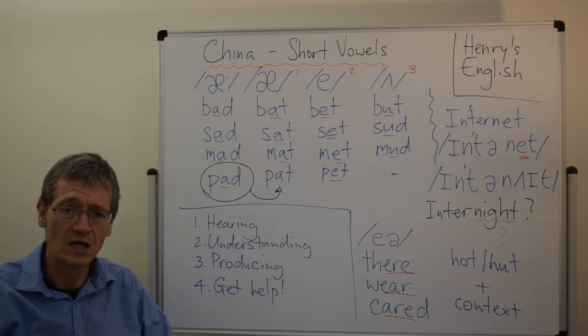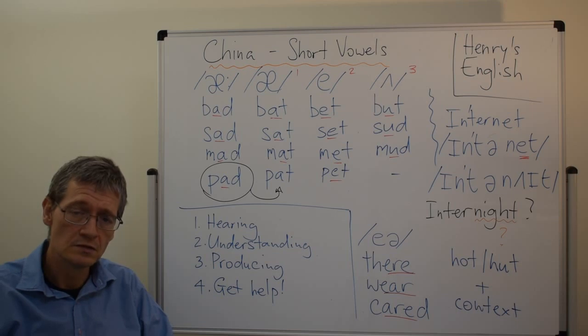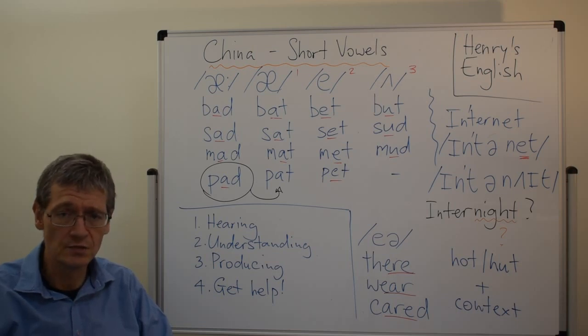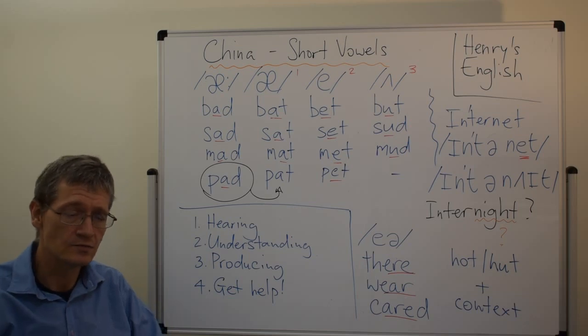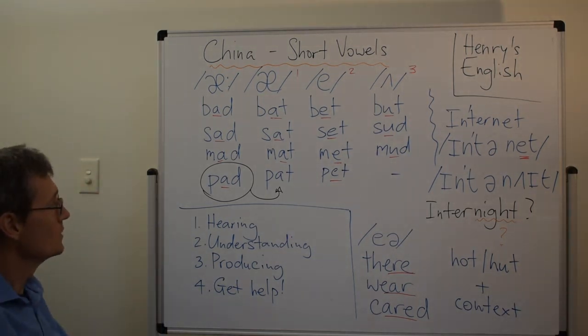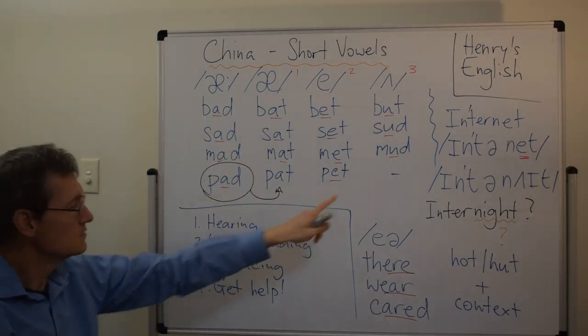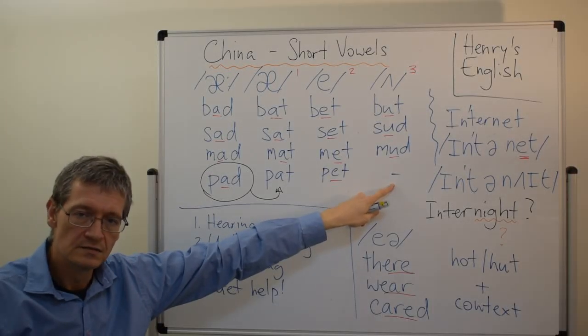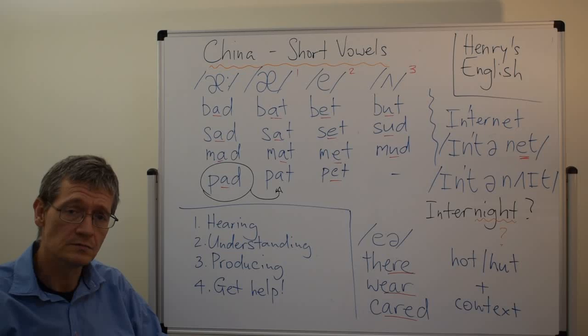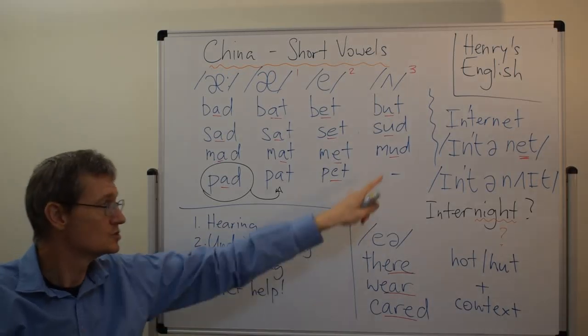The spelling is a guide to the pronunciation. It's not as good as some other languages where it's very close. You see a word spelt a certain way and you generally know how it's pronounced. So we have all of these words, and then here we don't have a word called pud, but we do have the word puddle, and that is a short U sound.